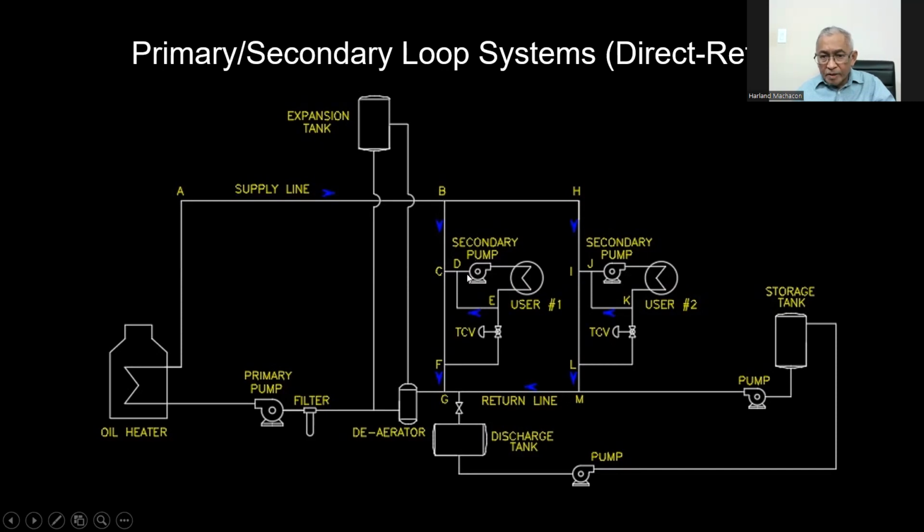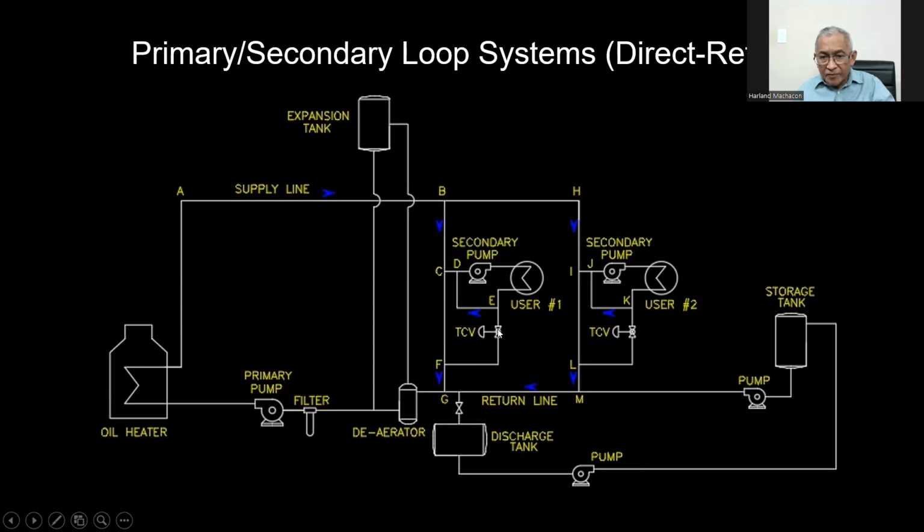When the pump operates, what happens is oil passes through the pump, it's sucked by the pump, going to the user and out into point F. The temperature control valve here controls the flow of this fluid out here.